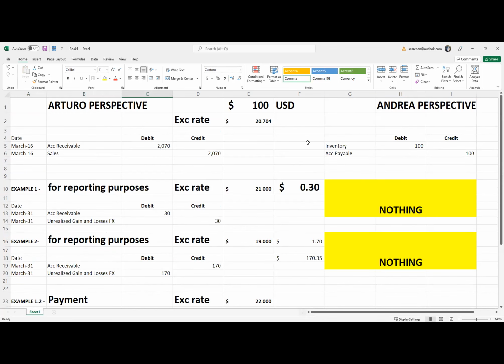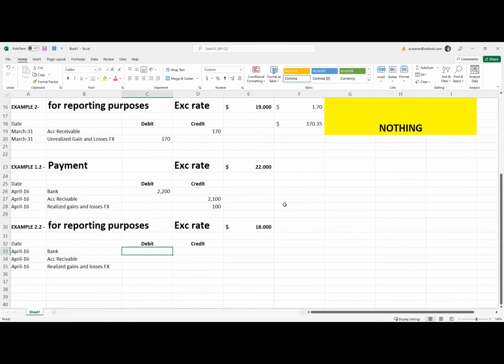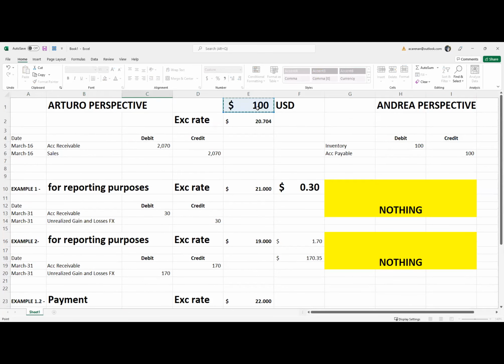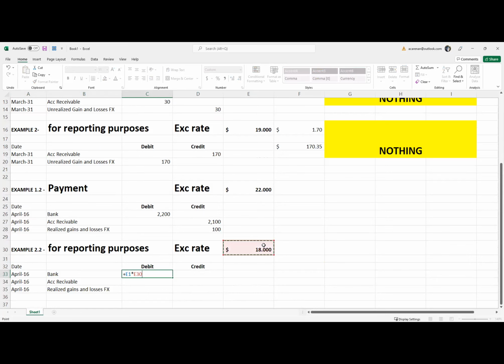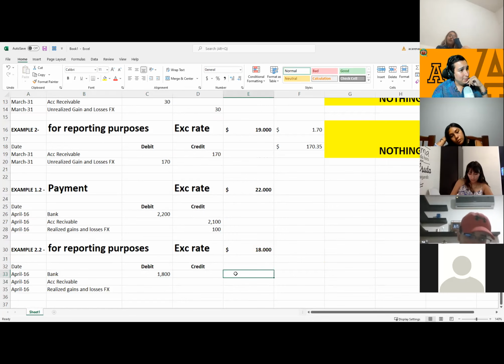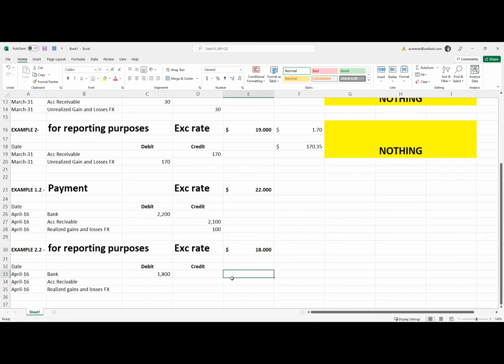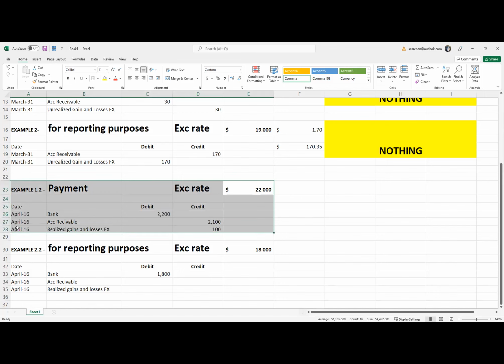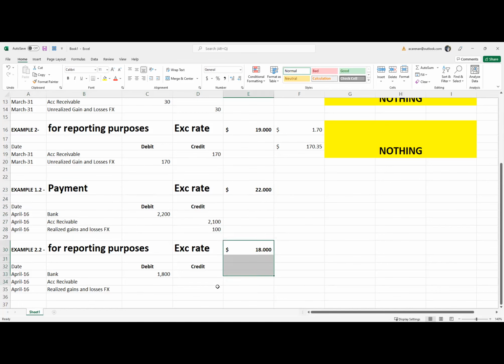You collected $100 at a rate of 18 pesos because the bank are very greedy and they decided that they will give you that exchange rate. And believe me, that's very common. Actually, this almost doesn't happen, like the bank rates, they don't lose.